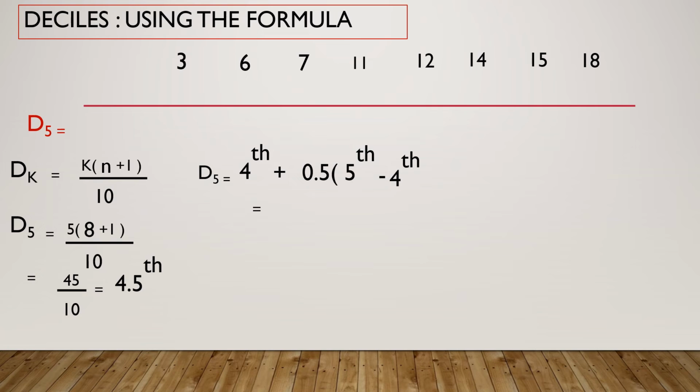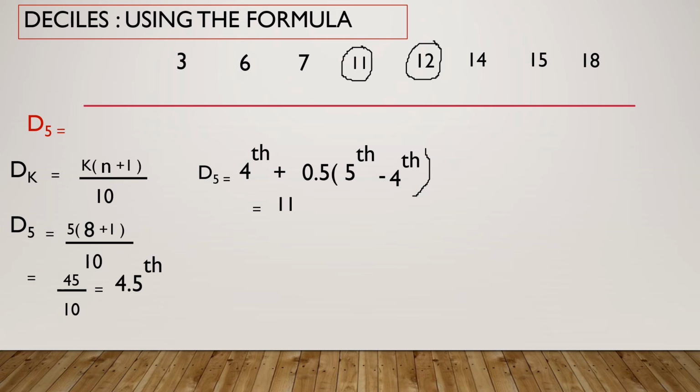So here, just going to put like that. So this is the fourth, 1, 2, 3, 4. So this is the fourth, 11, and this is the fifth. So we're going to get the difference of that, and that is only 1. 12 minus 11, that is only 1.